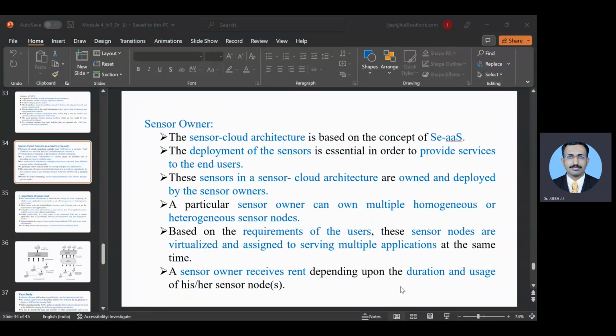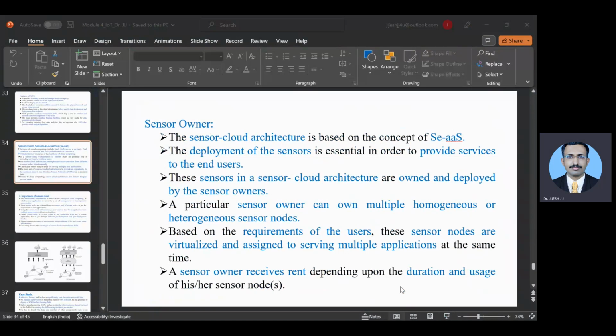So one of the persons, the XYZ person, is an owner, the owner for the entire cloud environment, for the sensor cloud infrastructure facilities, whatever is being established. The sensor owner can own multiple heterogeneous or homogeneous sensor nodes as and when required for the user.